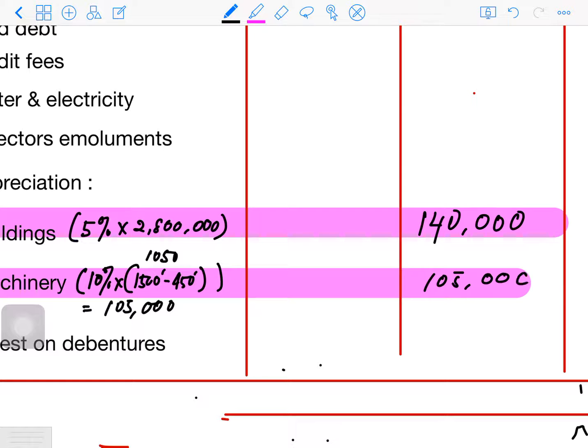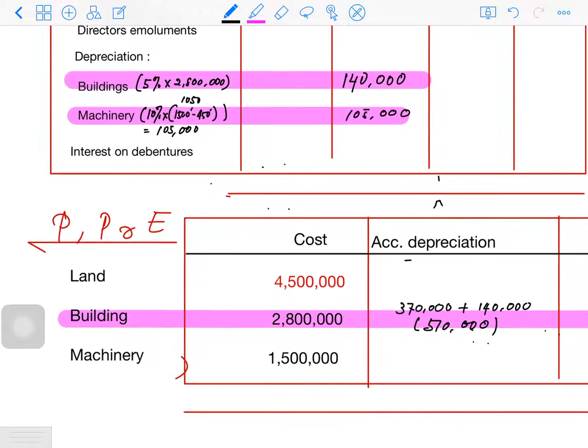You have 105 there, debit under the administrative expense, and then credit machinery.